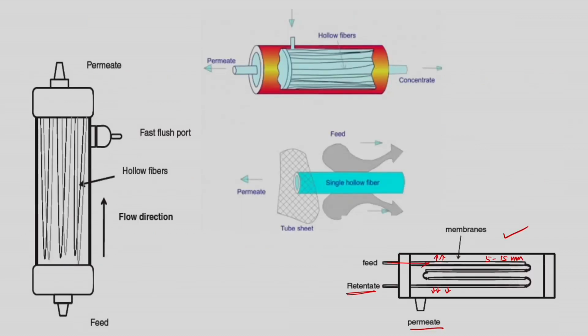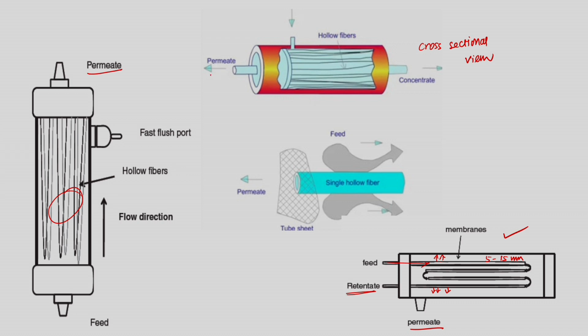So, this is your hollow fiber membrane. These are hollow fibers stacked together in the tube, and this is the flow direction, the tangential flow direction. The permeate is getting collected here and the retentate will be inside the membrane. This is the cross sectional view of the hollow fiber membrane.